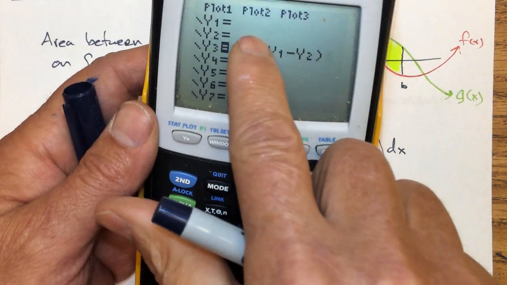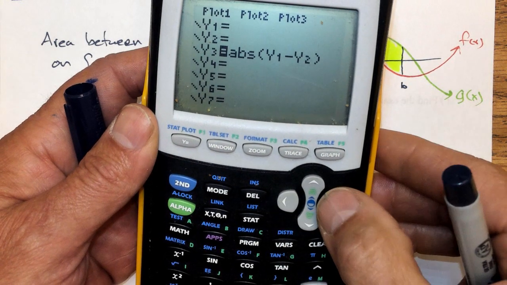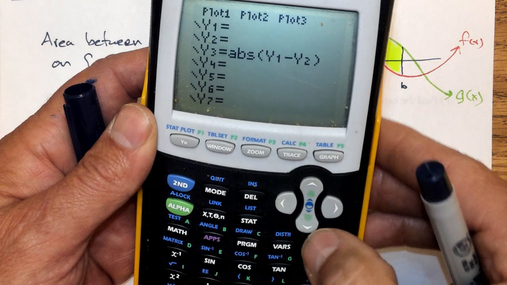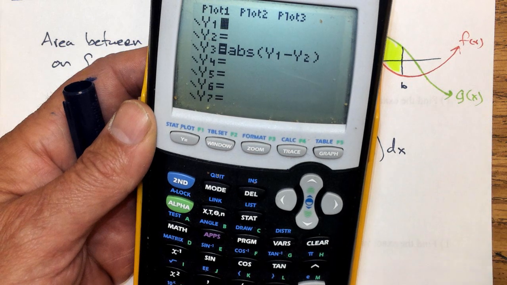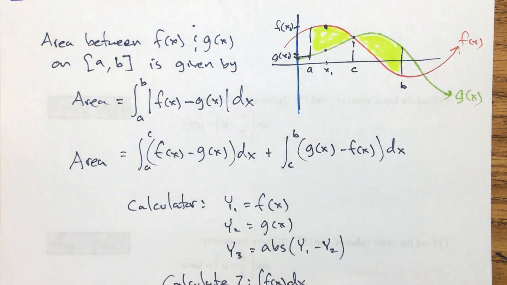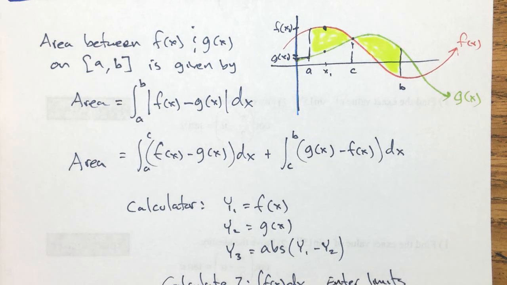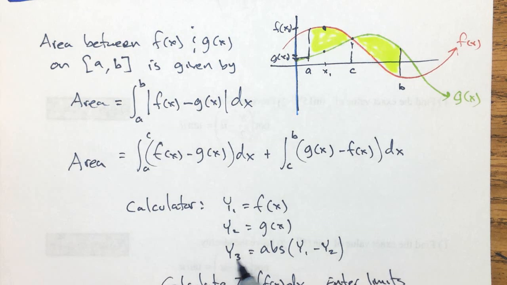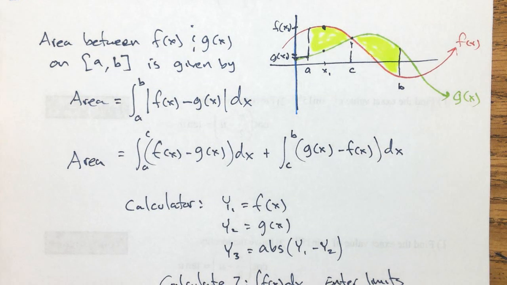If you have other functions here, you may want to make sure that the equal sign for y3 is highlighted and the others are not highlighted, and so you'd have your graph. Then you would enter your limits, and it will go ahead and do that. You might just graph that, and you'll see that it'll bump all of that stuff up and be positive.